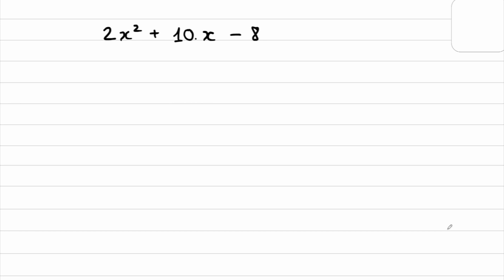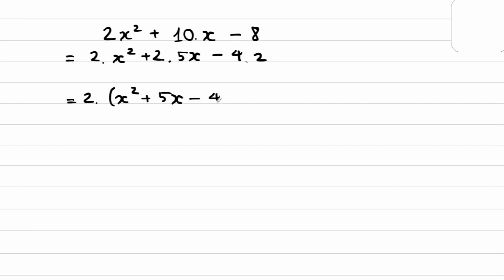The next one, you've got 2x squared. That is not 1. I need 1. So 2x squared plus 2 times 5x and minus 4 times 2 here. The common factor will be 2. So x squared plus 5x and minus 4 here, step by step.